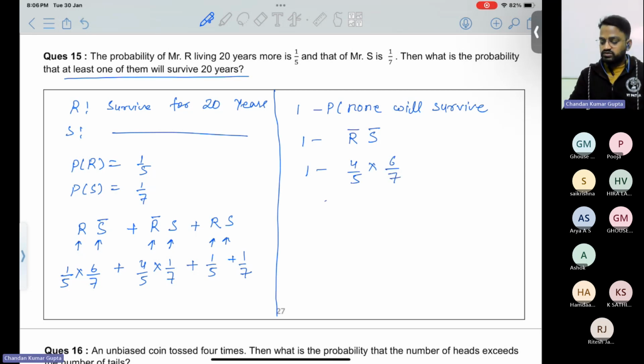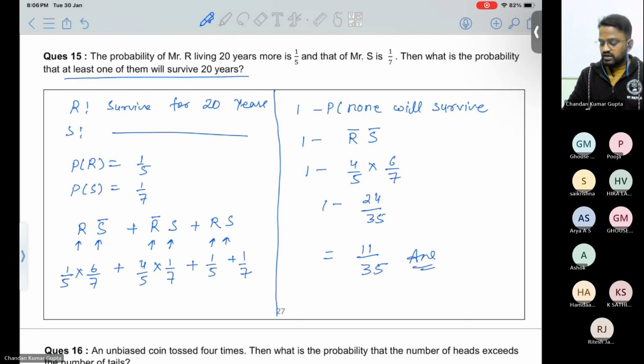Now you may solve this. It's 1 minus 24 upon 35. This comes out to be 11 upon 35. And from the first approach also we will get 11 upon 35 if you solve this.